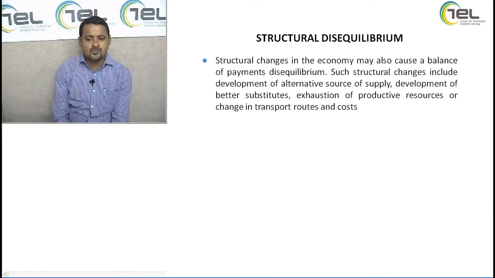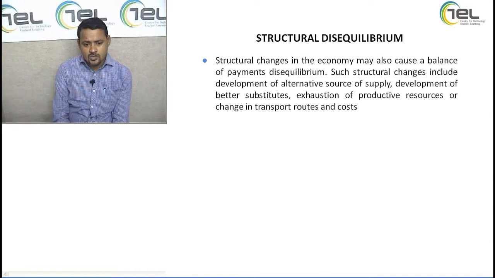The last of these economic points is structural disequilibrium. There is structural change in the economy, as we have moved from underdeveloped to developing, and now we are in the stage of becoming a developed economy.